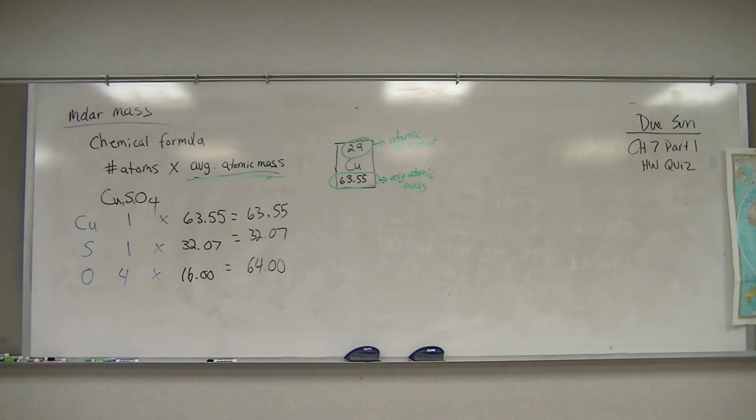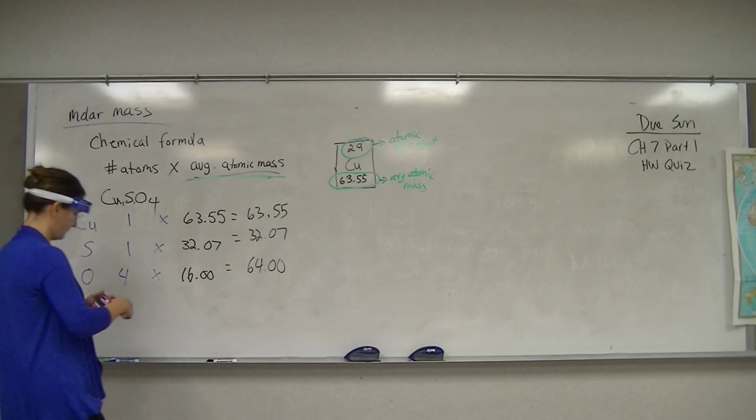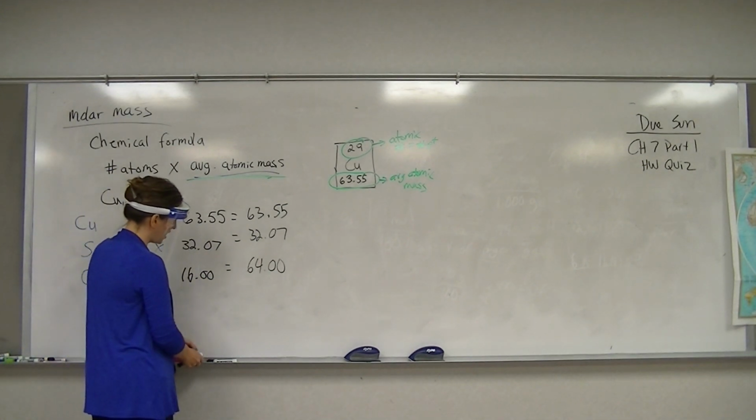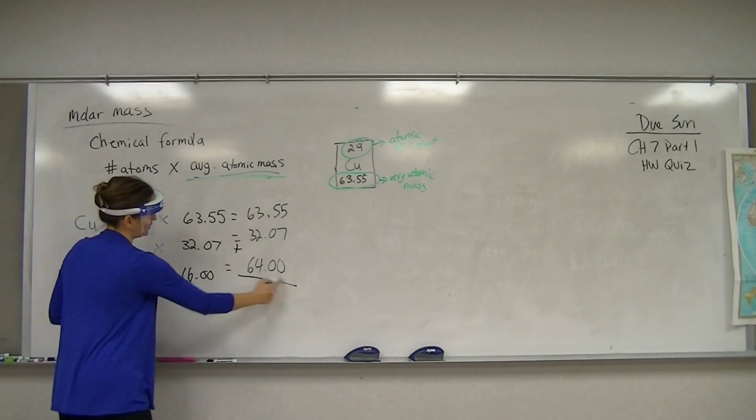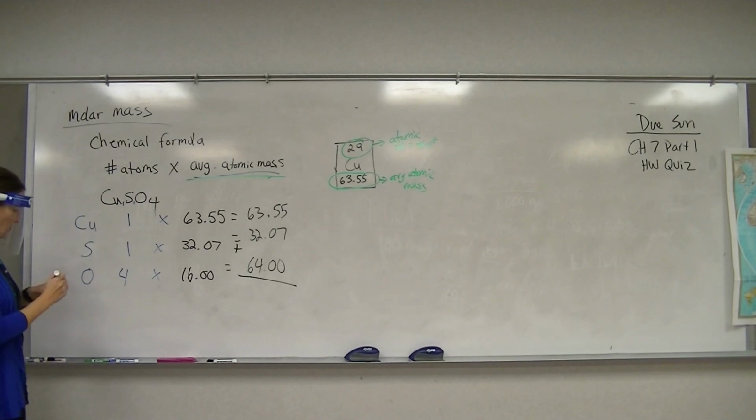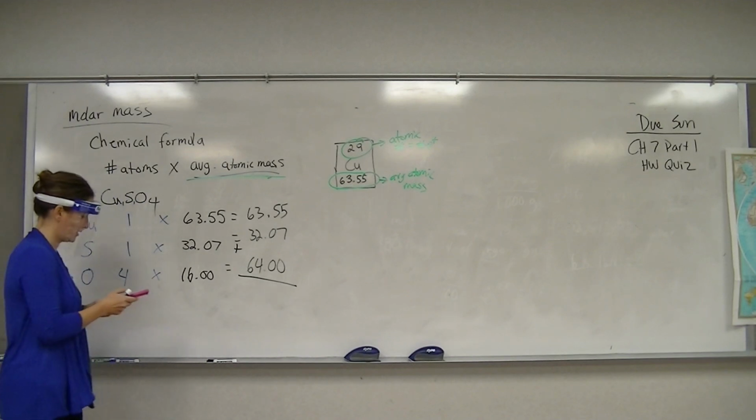No, I don't know, I need my calculator. They actually had it right. So once you multiply across, then you're going to add all these values together to get the total molar mass of that compound as a whole.